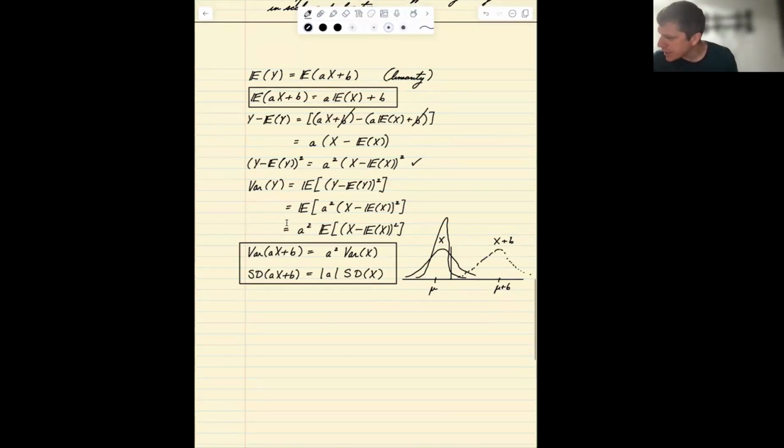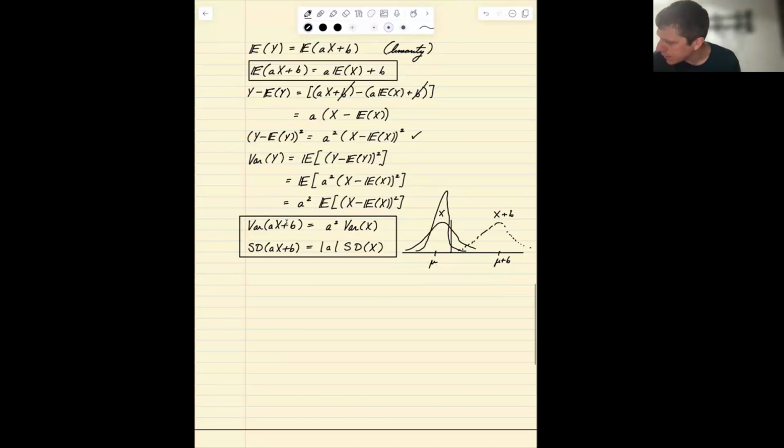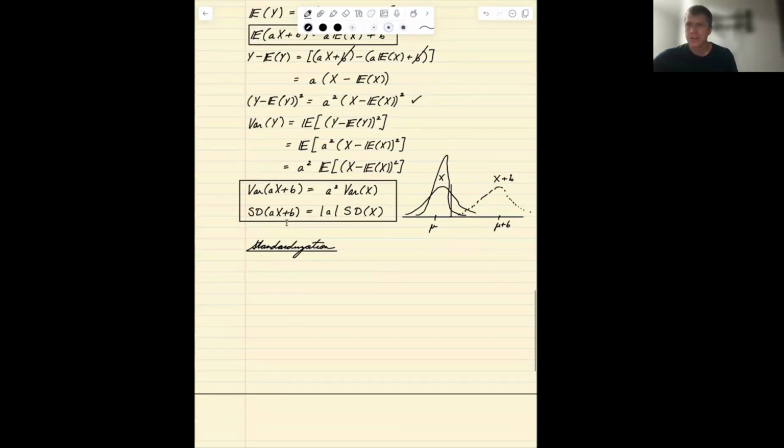Let's do a quick example. This comes into play quite often in what's called standardization, or expressing a random variable in standard units.